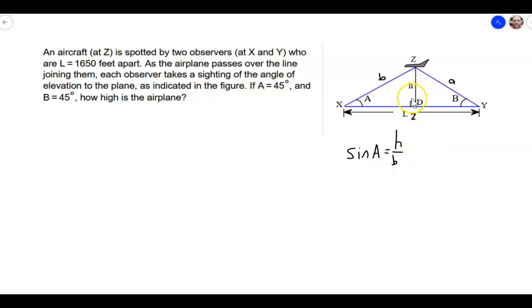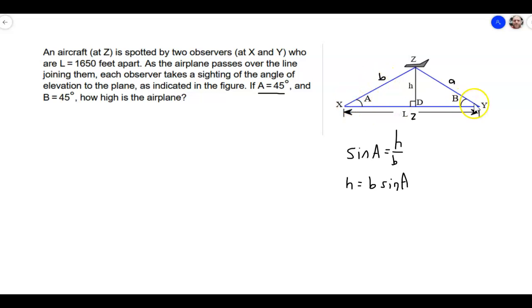We want to solve for h, so I can just multiply both sides by little b, and I get h is equal to little b times the sine of big A. We know big A is 45 degrees. We just need to find out what little b is.